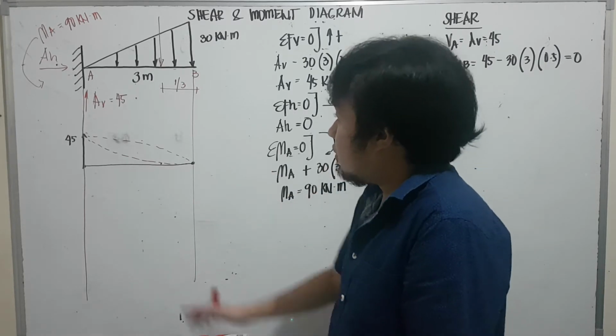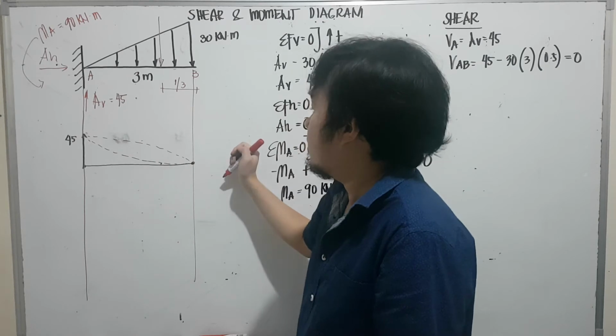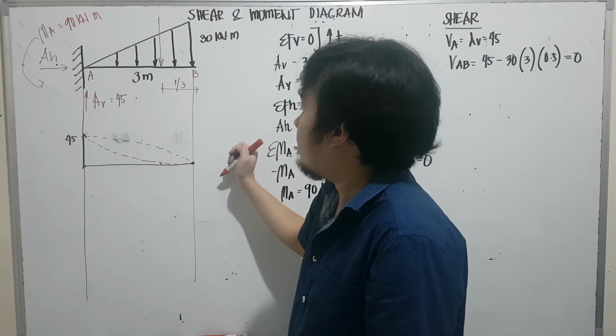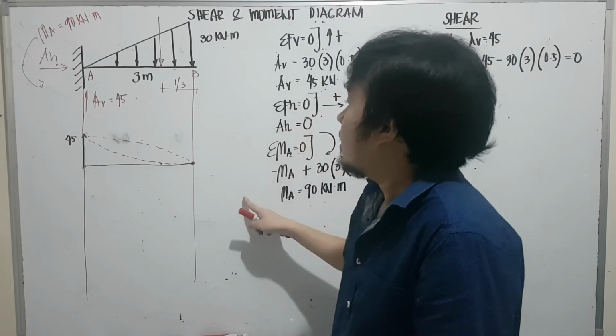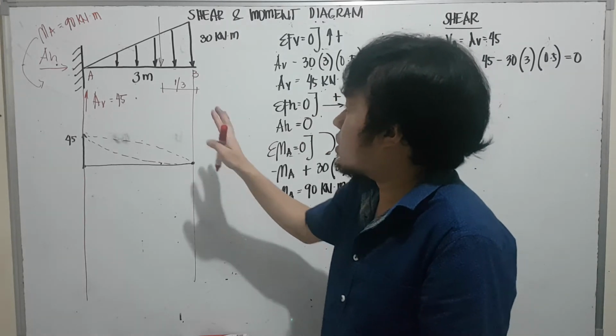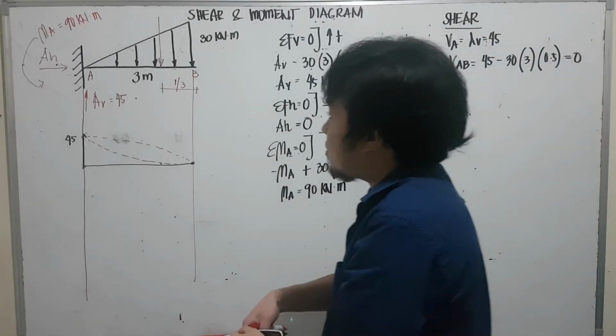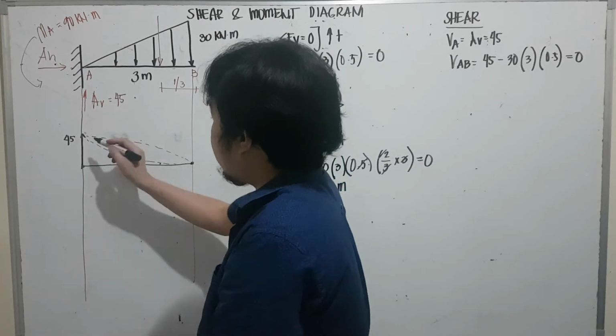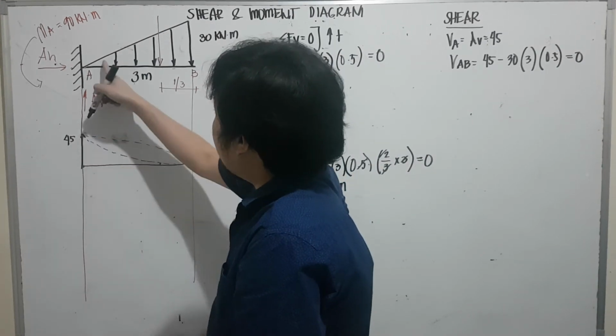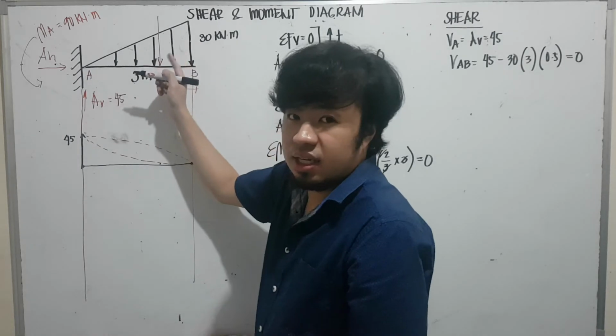But if you have a problem like this, it would be best if we will be using the area method. Why did I say so? If you can observe, you started from 45, your load here is increasing.